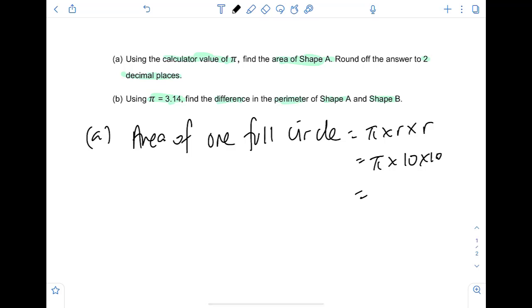Press the calculator, because that's what they said, use the calculator value of pi. 314.1592. That's not the final answer yet, because you still need to find that small green section.